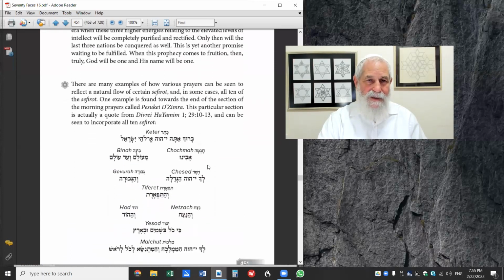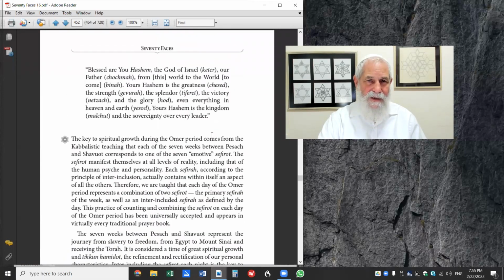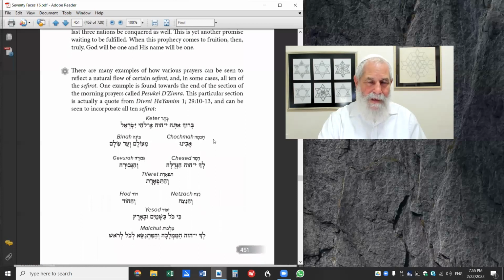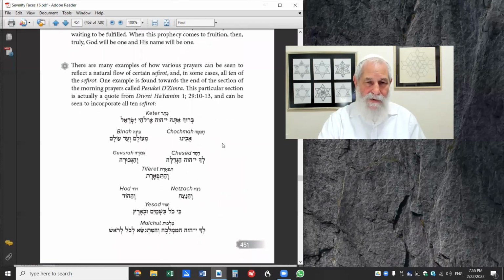Okay, now this is very interesting. This is part of the morning prayers, and it's taken from Divrei Hayamim, and we actually mentioned this in our very first class when we discussed the sources of the concept of the Sefirot and the names of the Sefirot in the Bible, in the Torah, in the Tanakh.